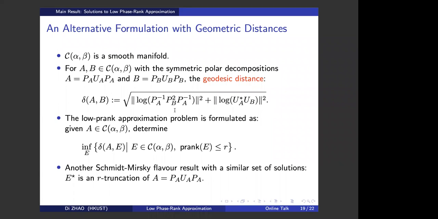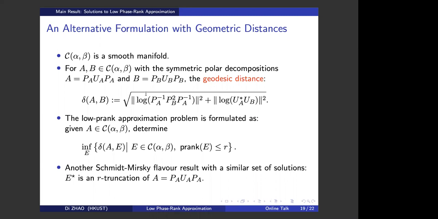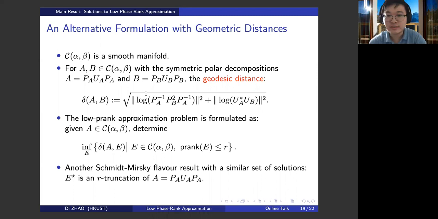It could be some Finsler geometry, but nevertheless we can formulate it in different ways. So you'll get a different projection. Yes, we get a different geodesic distance, a different shortest curve between two points.